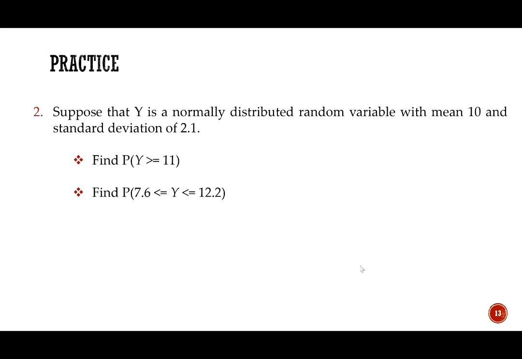But here, by using the CDF or PDF functions, we can find that answer using one line of code. So the first one is the probability of greater than 11, which is equal to 1 minus the probability of y less than or equal to 11.